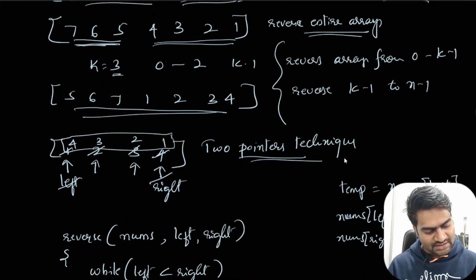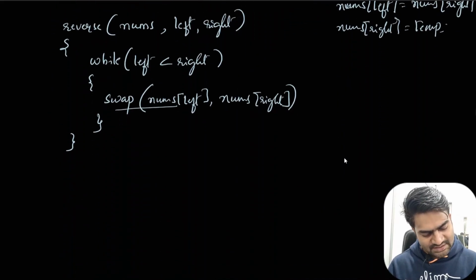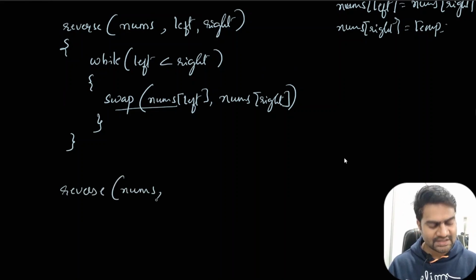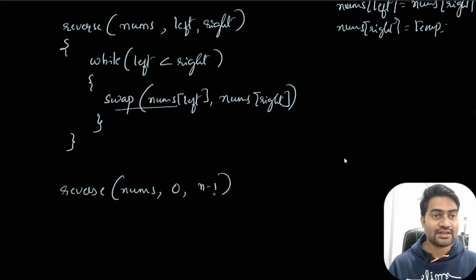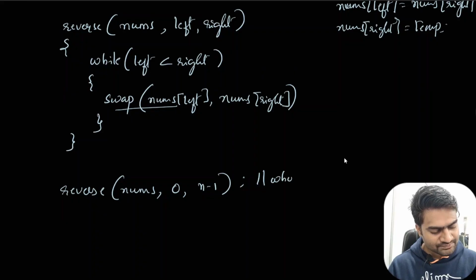So I will simply call reverse with nums as our input, my left will be 0 and my right will be n minus 1. This particular statement will reverse the whole array, right?